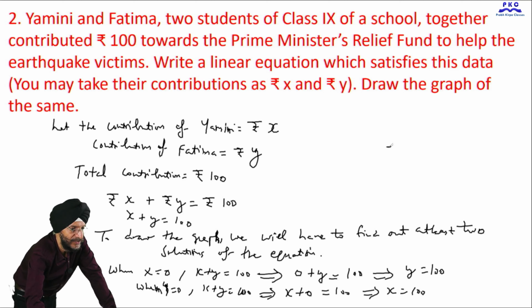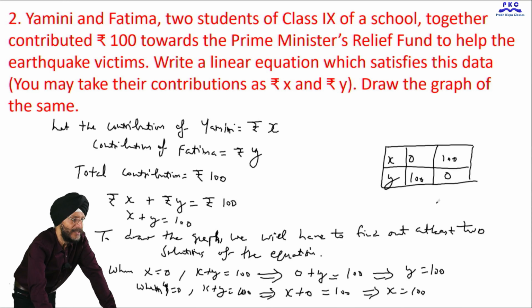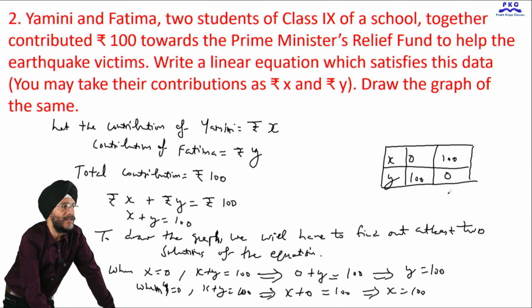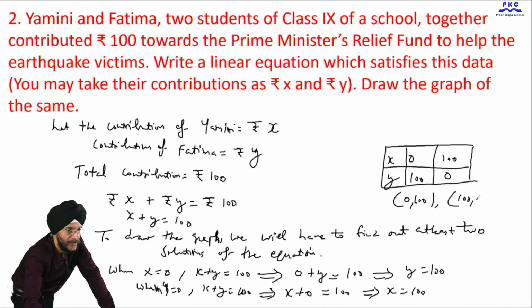So what are the two solutions we have arrived at? When x was 0, y was 100. When y is 0, x is 100. So the two solutions are (0, 100) and (100, 0).